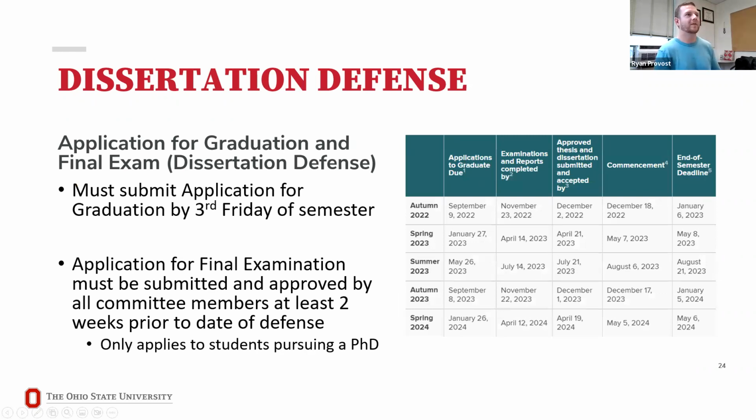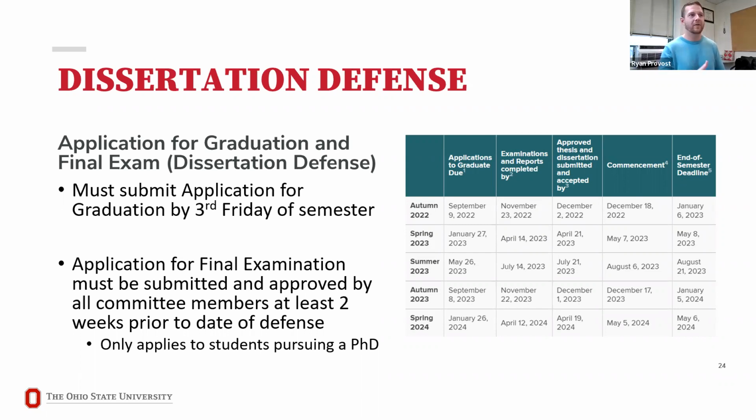So, dissertation defense. When we're talking about applying for graduation and for the final exam, so defending your dissertation, you'll want to complete the application by the 3rd Friday of the semester. Some of you may have noticed in some of our communication lately, newsletters, we've been promoting applying for graduation if you're planning to graduate in spring, because that deadline was this past Friday, January 27th, the 3rd Friday of the semester.